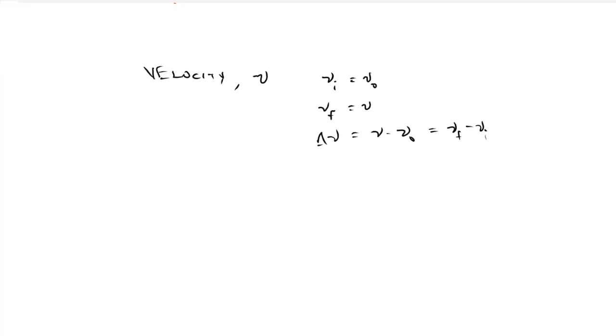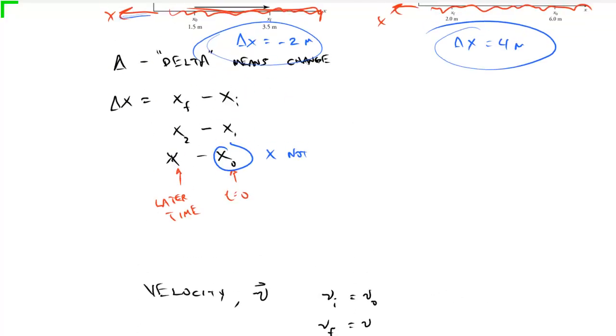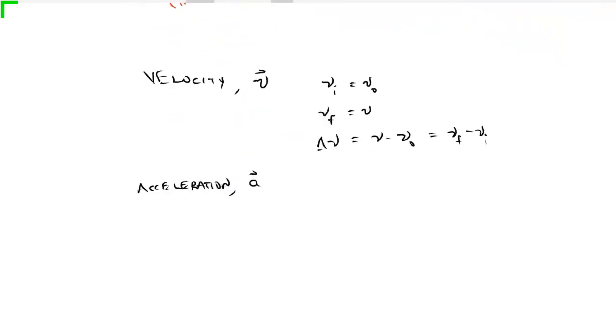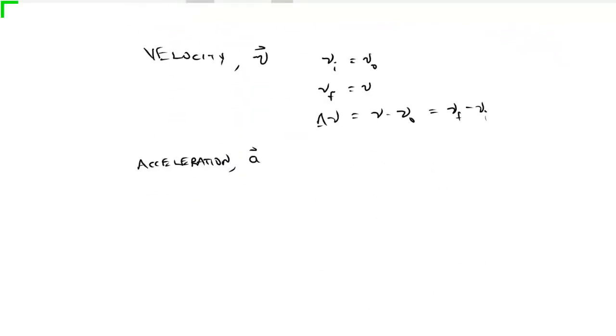As we go through and we talk about acceleration, which we use a, and by the way, these are actually vector quantities. So is delta x. This is actually a vector as well. We have here a initial, which would be the same thing as a naught.